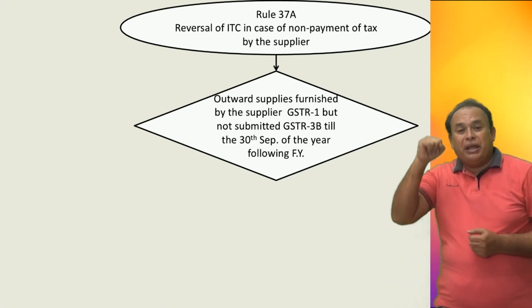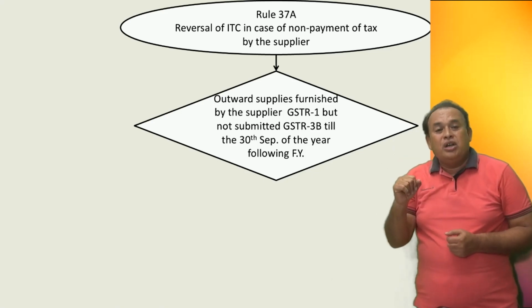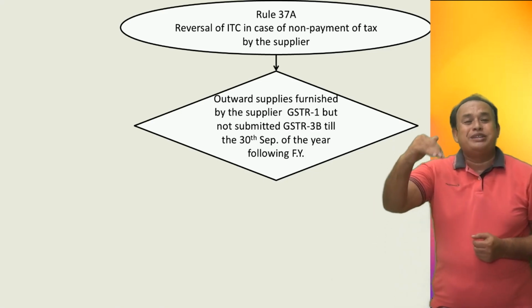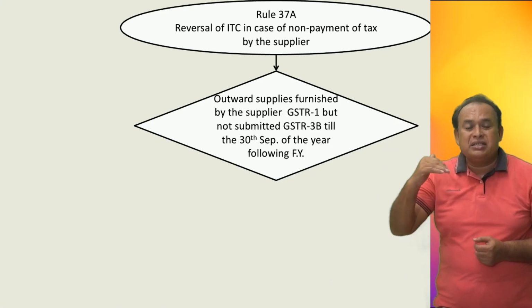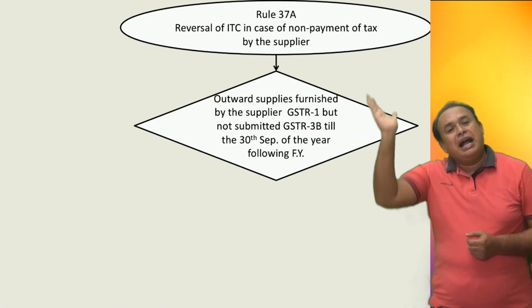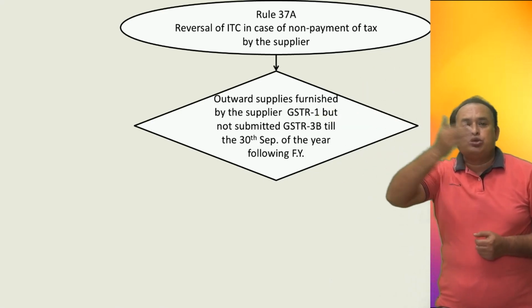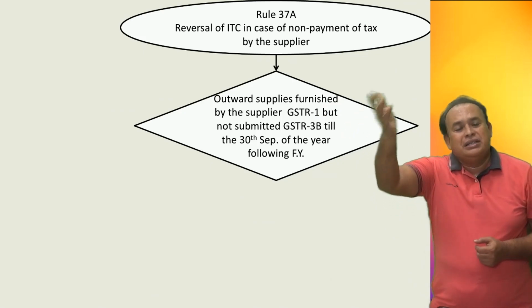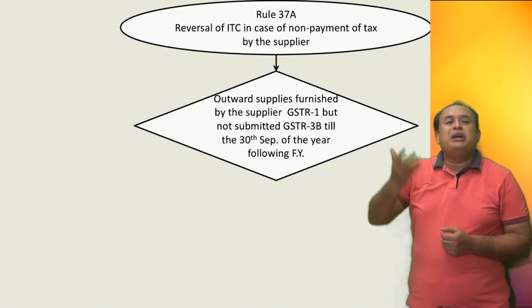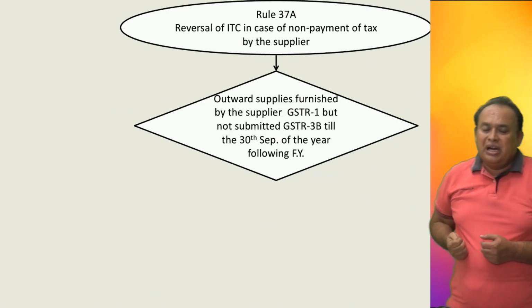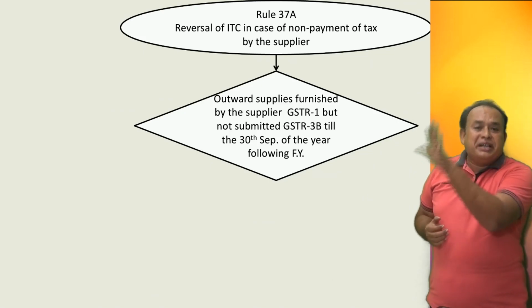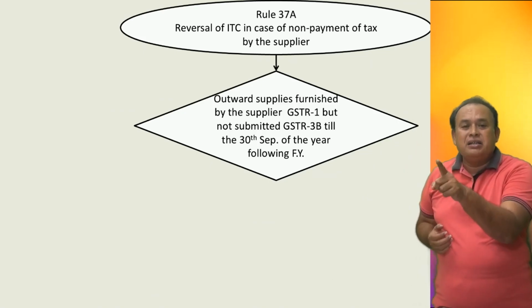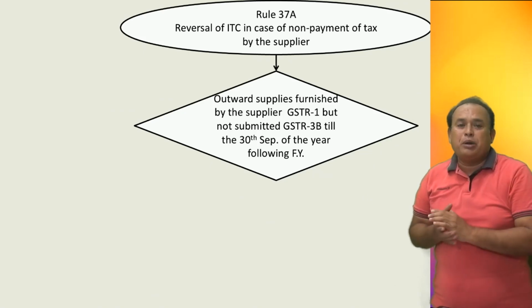But my supplier X Limited showed this output tax liability, this invoice, in the GSTR 1 return and submitted it. Yes, I supplied the goods to Y Limited. I am liable to pay 28 lakhs of GST because I supplied goods of value 100 lakhs. That invoice detail was furnished in the GSTR 1 return and submitted on the department network portal.